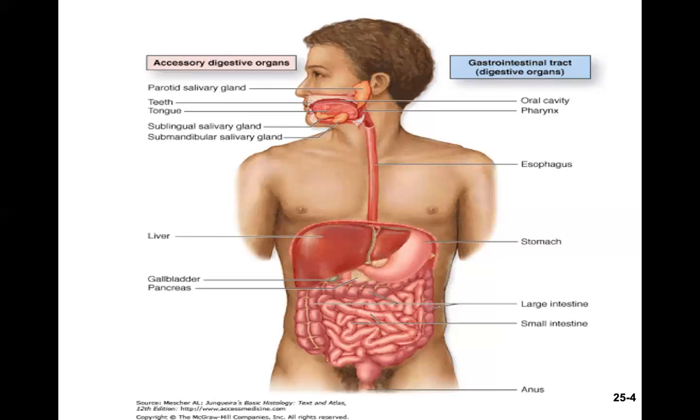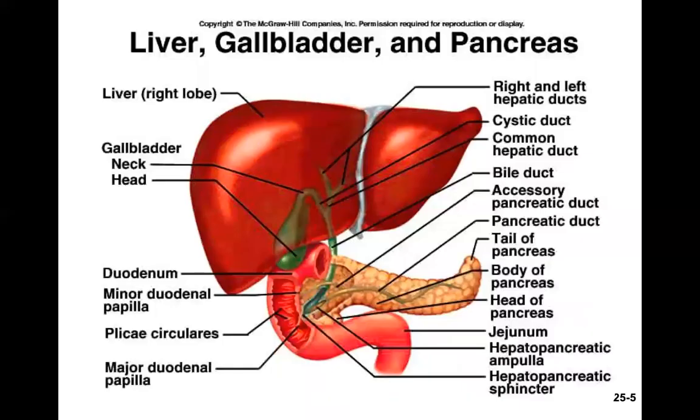Then you have your pancreas. The pancreas we've already been introduced to. It has both endocrine and exocrine functions. In the digestive system, it has functions with producing digestive enzymes. Some of the digestive enzymes that break down your food are actually produced by the pancreas in order to have your food broken down so that your body can absorb it and use it.